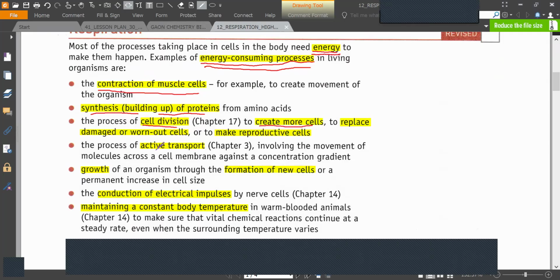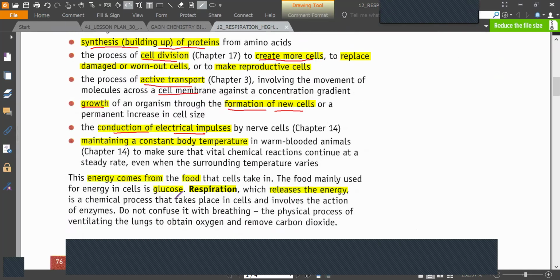Active transport, moving molecules across the cell membrane, also needs energy. Diffusion and osmosis need no energy, but active transport does. Growth, to form new cells, needs energy. Conduction of electrical impulses, to send signals in our body, needs energy.